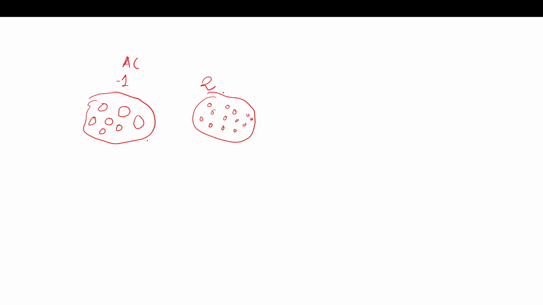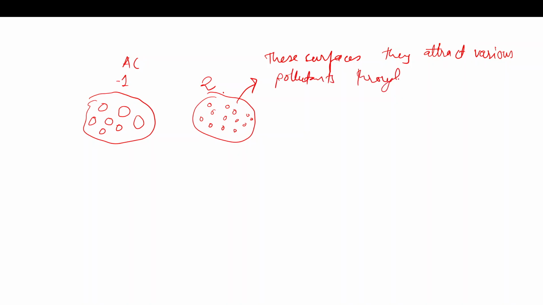If we want to remove the pollutant, what happens? There are pollutants which are easily attracted to the surface of this adsorbent through various forces. These surfaces attract various pollutants through different forces.